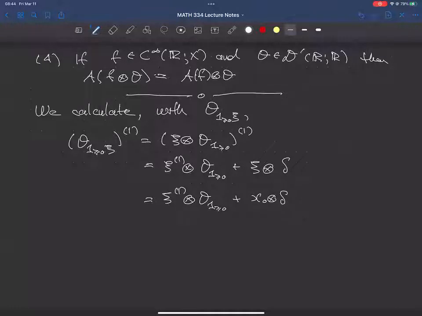Okay, and so let me just also calculate A of this thing. So A of theta 1 greater than or equal to 0 C is, I use part 1 again, and I substitute that. It's A of C tensor theta step function.